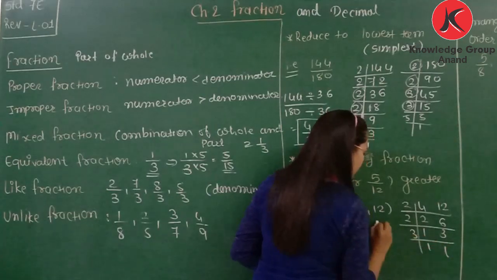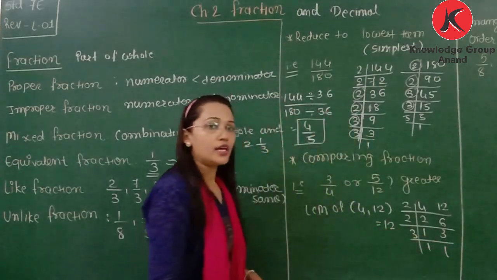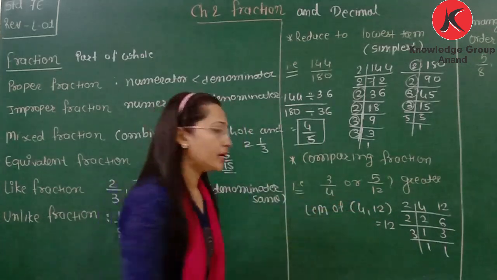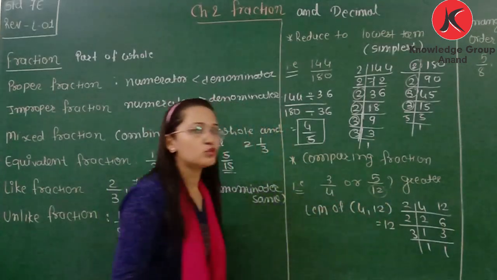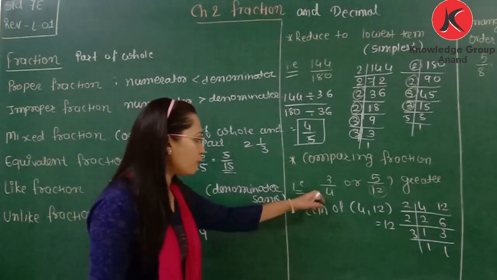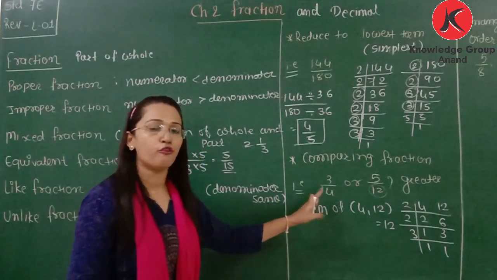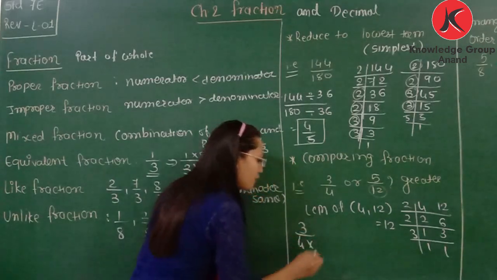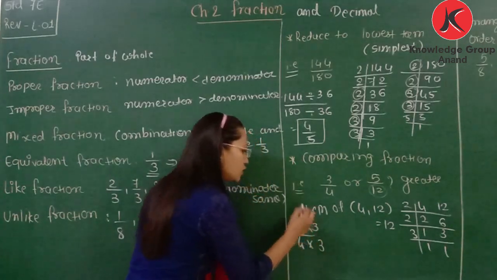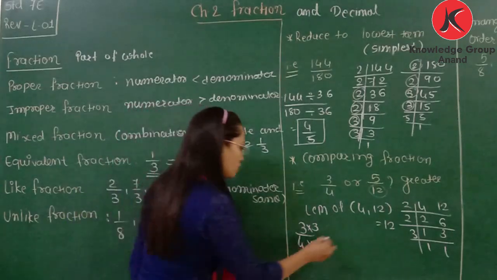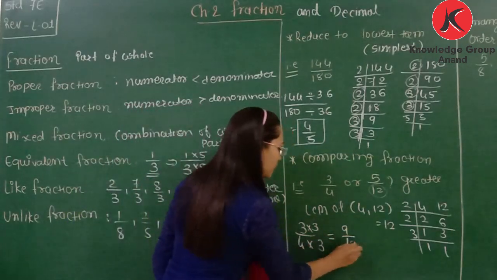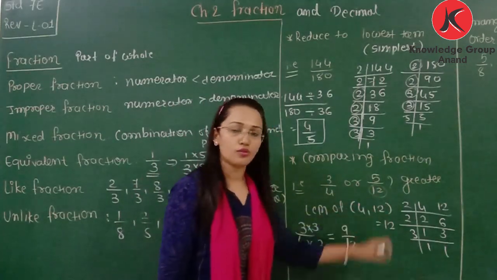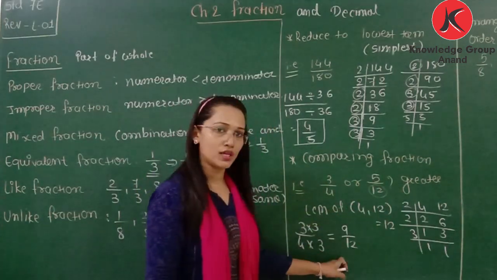Now what is the LCM? It is 12. It means you need to make the denominator of both fractions 12. Here 12 is already there, so no need to change it. Here 4 is there, need to make 4 into 12. So if we multiply 3 by 4 with 3 in the numerator and denominator, we get 9 by 12. Now we have 9 by 12 and 5 by 12. So which one is greater? 9 by 12 is greater.